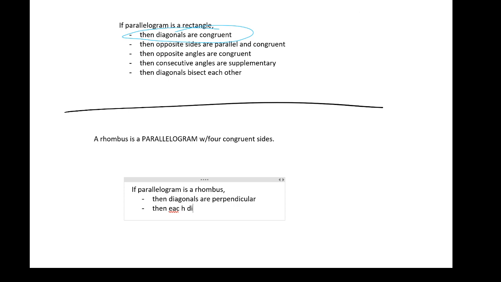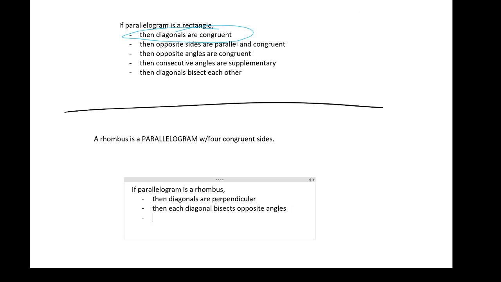Then each diagonal bisects opposite angles. It's kind of a little bit of a bonus. Not something that we can usually prove typically in a coordinate plane, but we're great at proving this guy in a coordinate plane, right? All right.